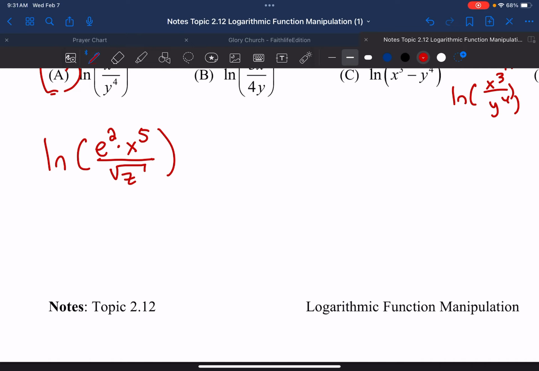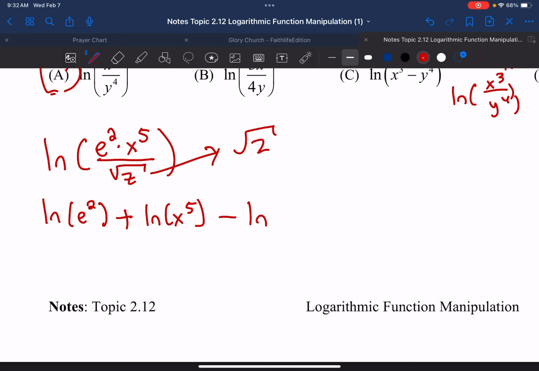So, let's break this apart piece by piece. I can break this apart as ln of e squared plus ln of x to the fifth, because this top breaks into addition, and then everything on bottom is subtraction, so minus ln. And remember, the square root of z is the same thing as z to the 1/2.